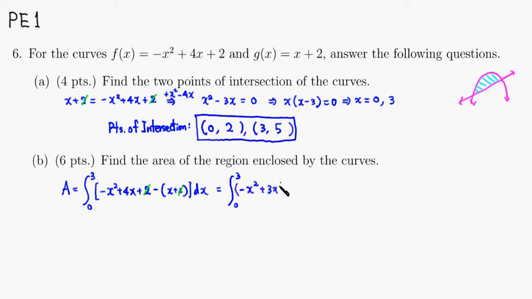Then all you have to do is find the antiderivative. So the antiderivative is going to be negative x cubed over 3 plus 3x squared over 2, from 0 to 3.